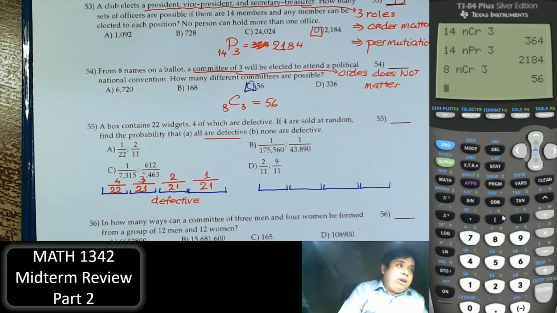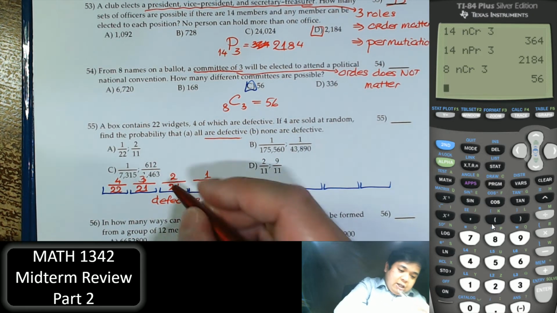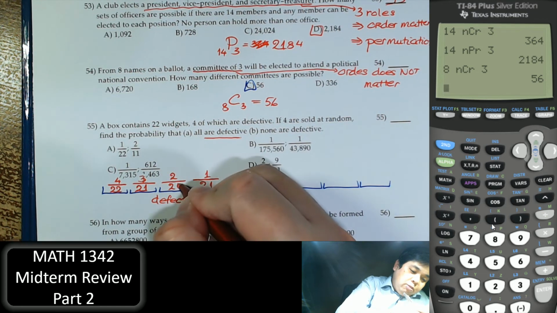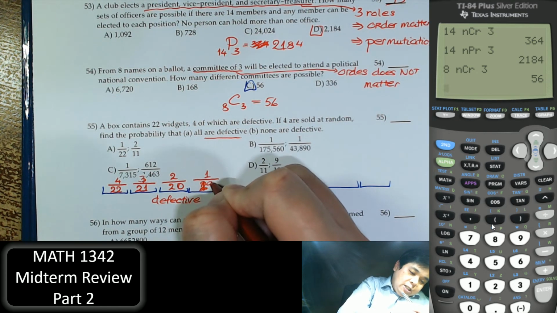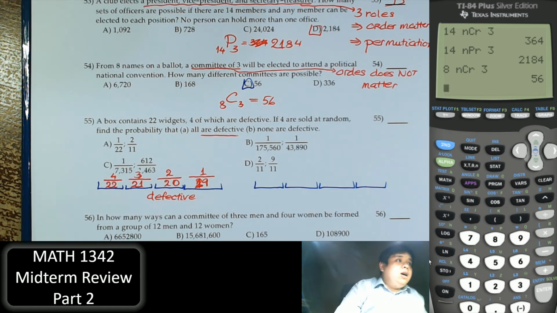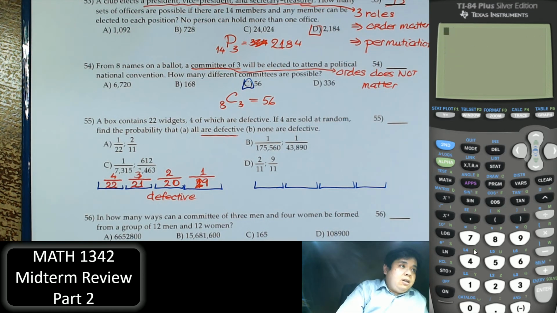So on the top we have, after we take out 1, there's only 20 left, and there's 19 left. So on the top, 4, 3, 2, 1, divide by the bottom, 22, 21, 20, and 19.